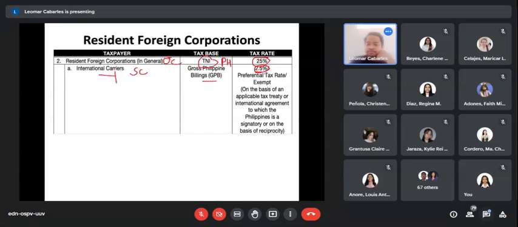Now, you might wonder, ang baba naman ng tax rate nito? Yung ordinary, 25%, siya 2.5% lang. Hindi siya mababa actually. Kasi ang basis naman ng 2.5 ay gross billings. Gross revenue ito. Unlike ordinary corp, net income yan.